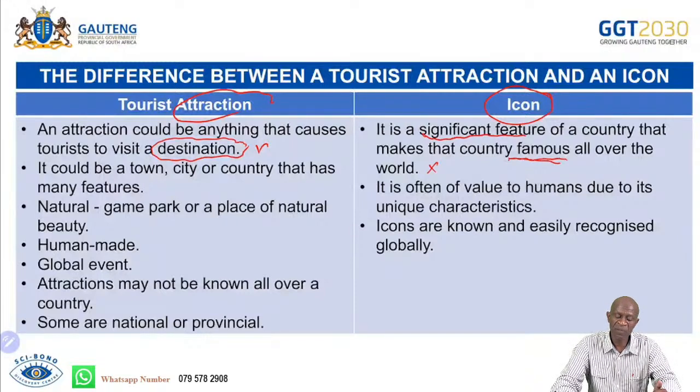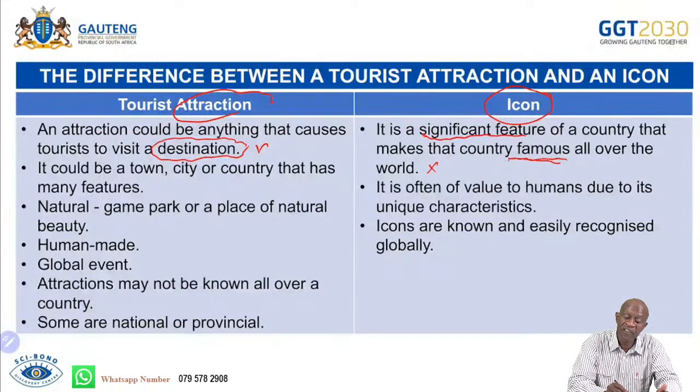Right, as we further move down, an attraction can also be a natural or game park or a place of natural beauty. So by the fact that it's a game park or offers the beauty of nature, that can be regarded as an attraction. An attraction can also be human made, made out of the hands and craft of a human being.